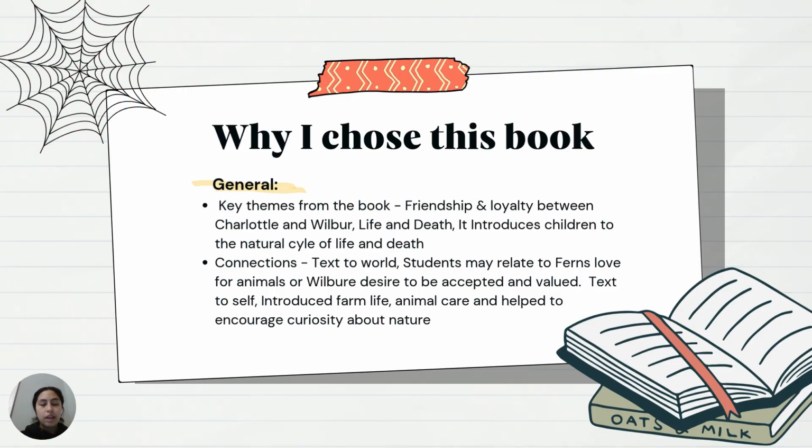A text-to-world connection I found is that students can relate to Fern's love for animals or Wilbur's desire to be accepted and valued. This can encourage students to speak out about how they feel, and also introduce them to farm life and nature on its own.